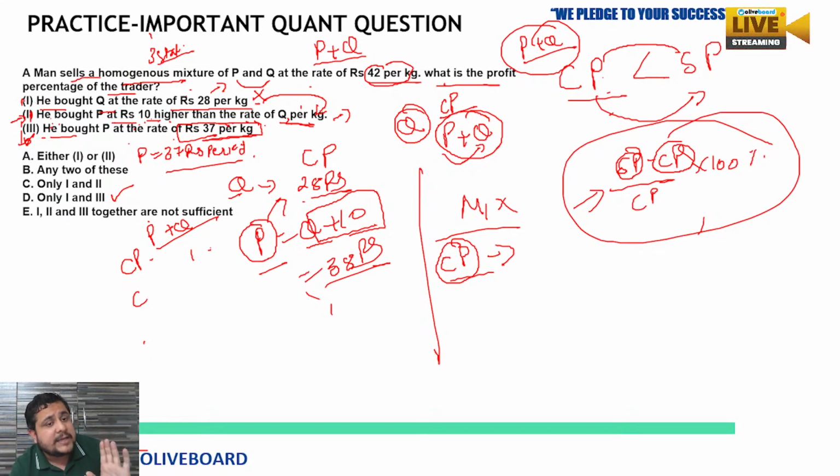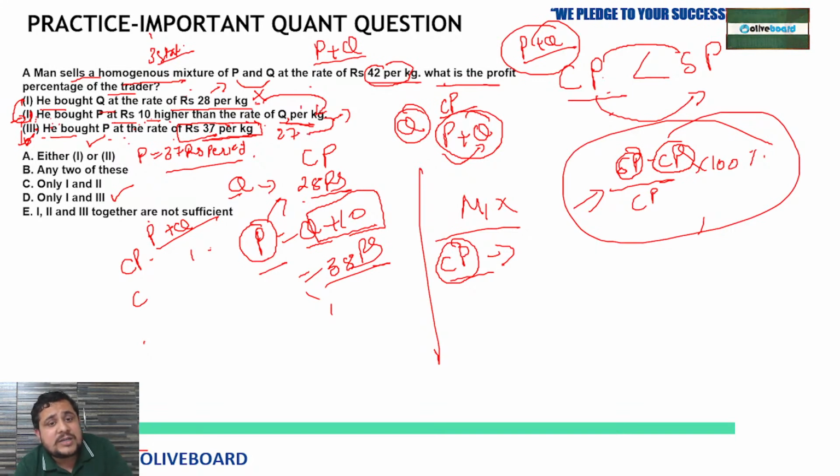But if we take first and second together, we get the cost price of P and Q. If we merge second and third, by third you get the value of P, that is 37, and second says P is 10 rupees higher, so you can get the value of Q, that is 37 minus 10, 27.